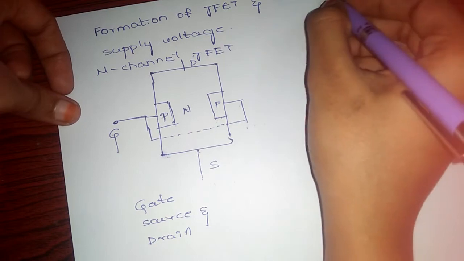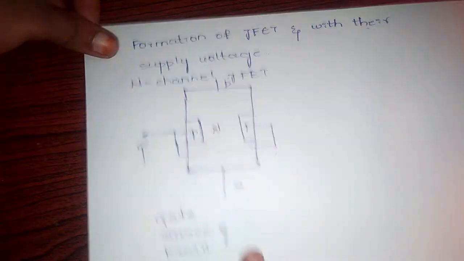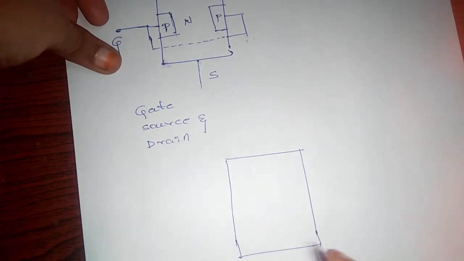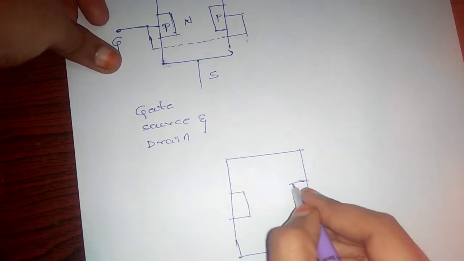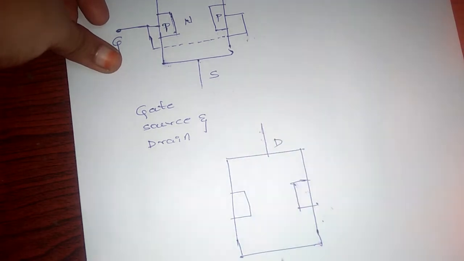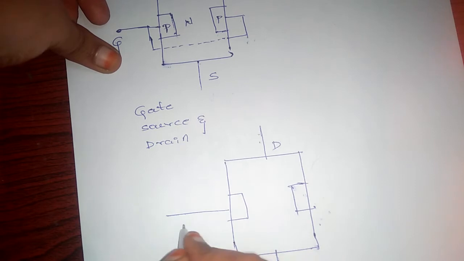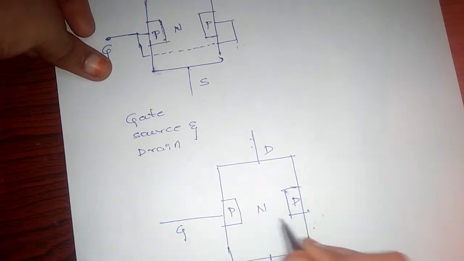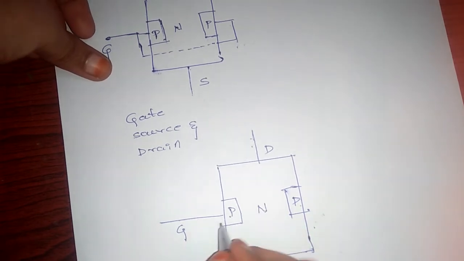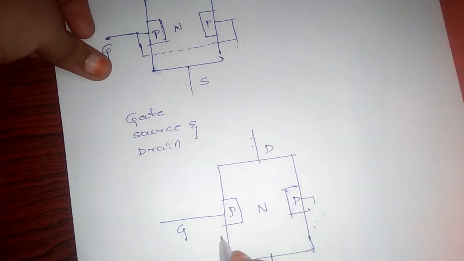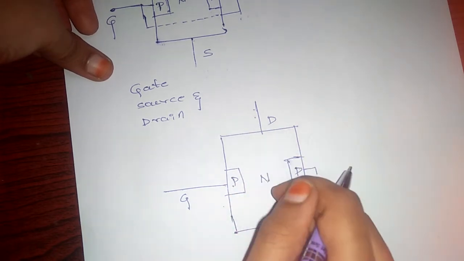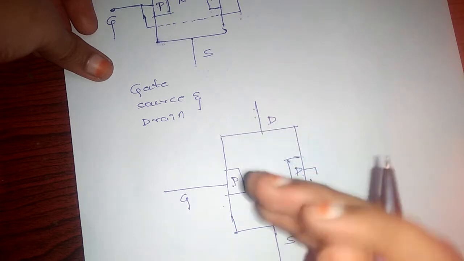So how is this supply voltage given? To give the reverse bias to the P region, how do we do it? We have drain, source and gate for an N channel JFET. N is the channel, and the P regions are the doped gates, internally shorted. We have to reverse bias the gate to give the proper voltage.